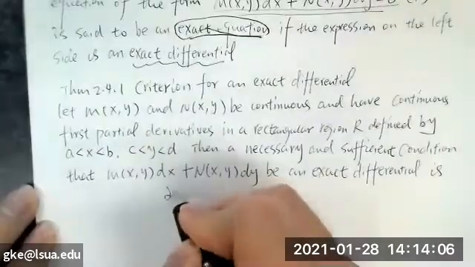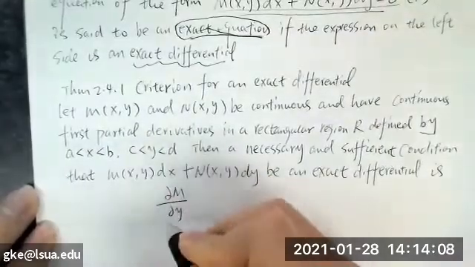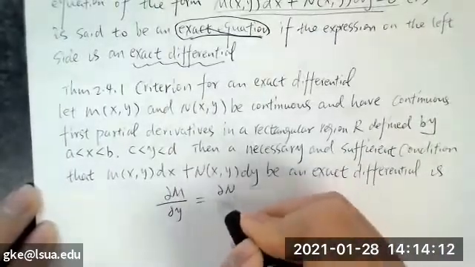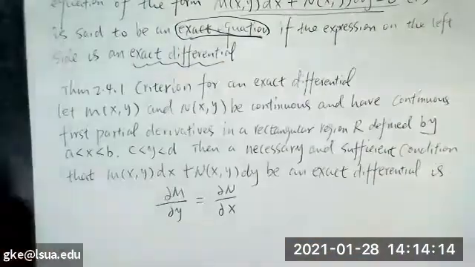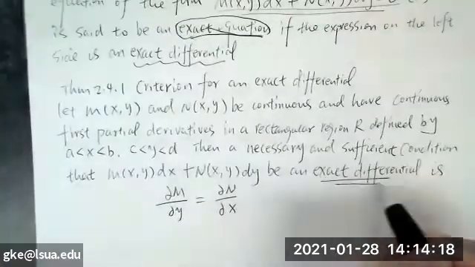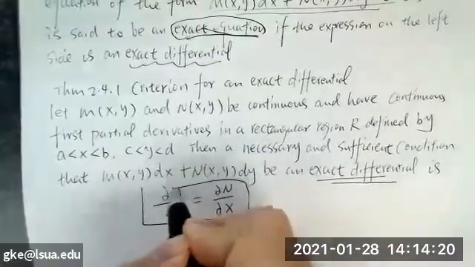It's partial M divided by partial y equals partial N divided by partial x. And the condition is this guy.